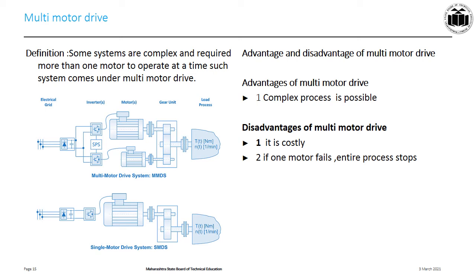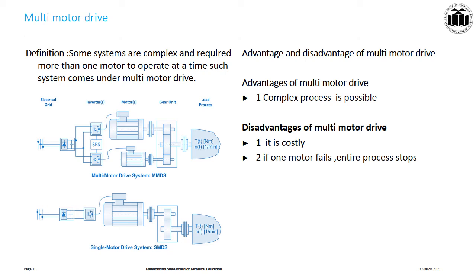These systems are complex, but the advantage is that they can accomplish a complex process and the process time is also reduced. But it is a costly system and maintenance is also difficult. One more thing: if one motor fails, the entire process will be stopped.